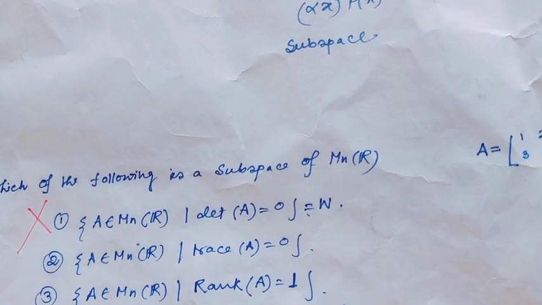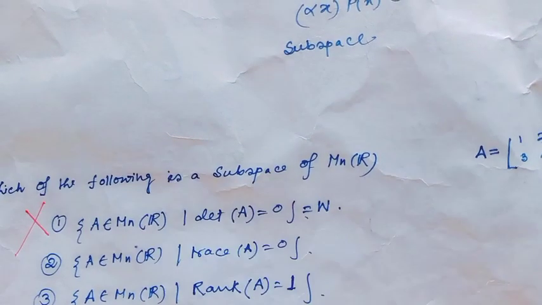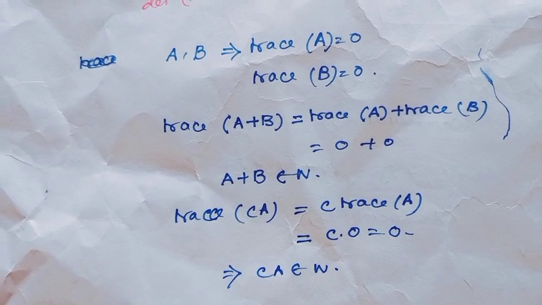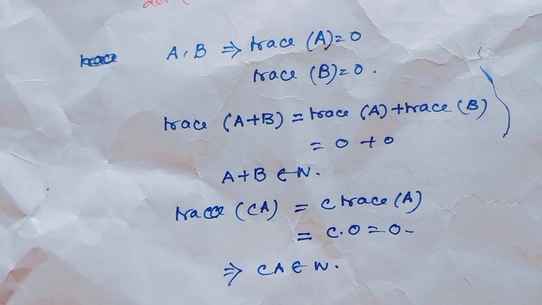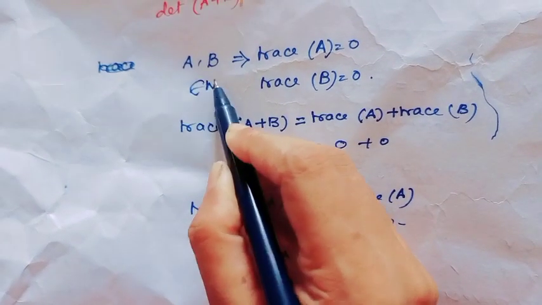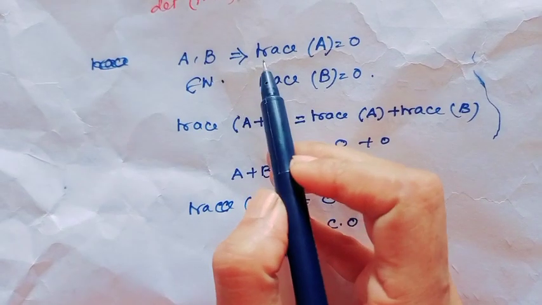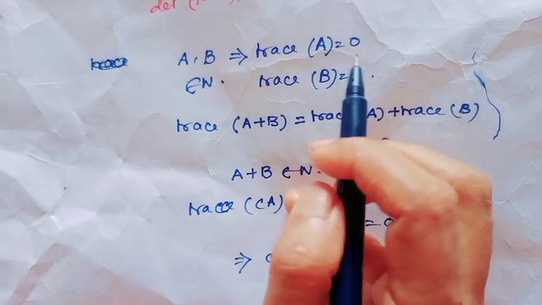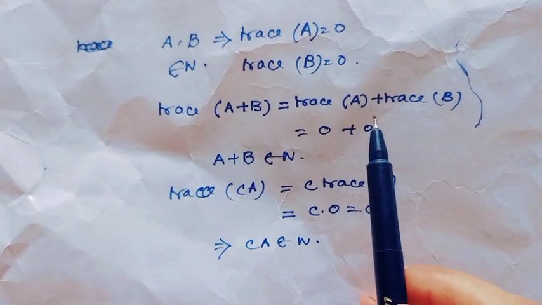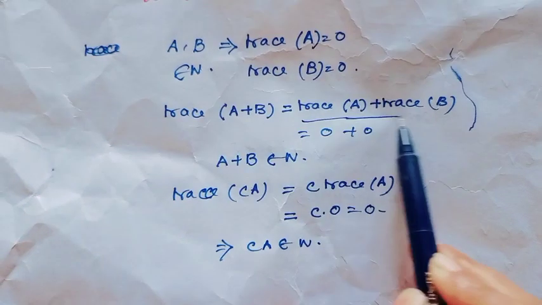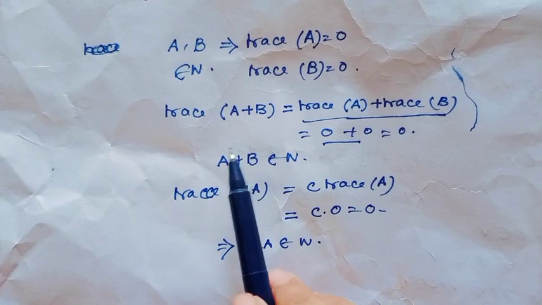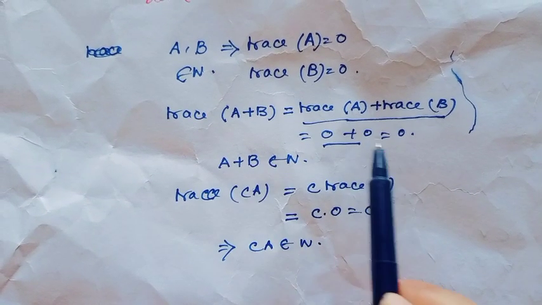And option 2 says A belongs to M(n, R) such that trace of A equals 0. This is obviously a subspace because consider two matrices A, B which belong to the space W. That means trace of A equals 0 and trace of B equals 0. Then trace of A plus B, by the property of trace, is equal to trace of A plus trace of B, which is equal to 0 plus 0, which is equal to 0.